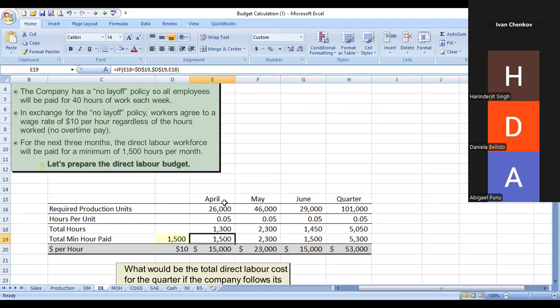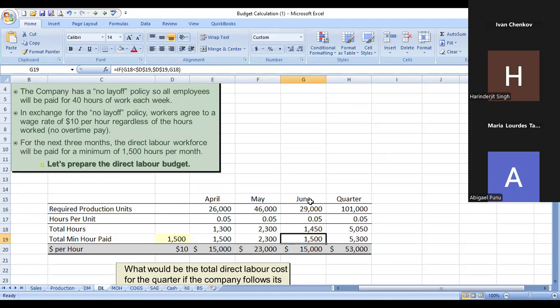Since in April they're working less than 1,500 hours, we're going to pay them the 1,500 guarantee. For the month of May, they're working over 1,500 hours, so we're going to pay them the actual hours.